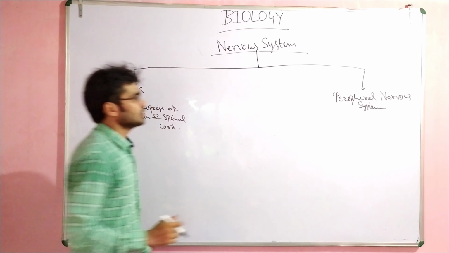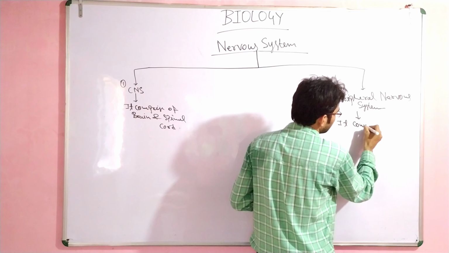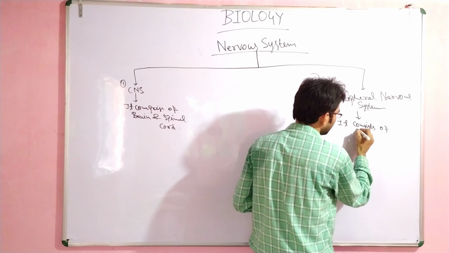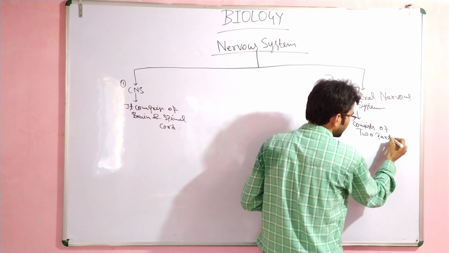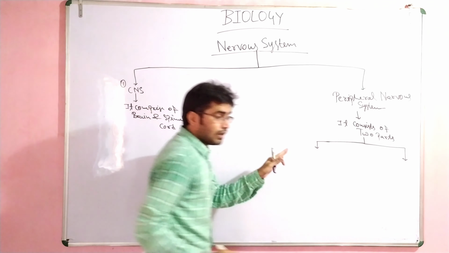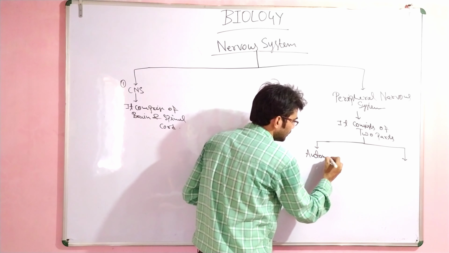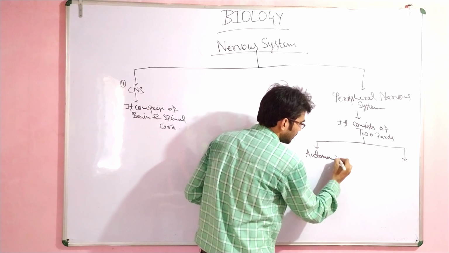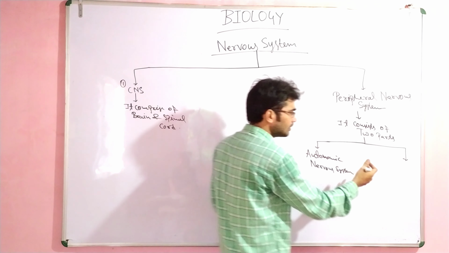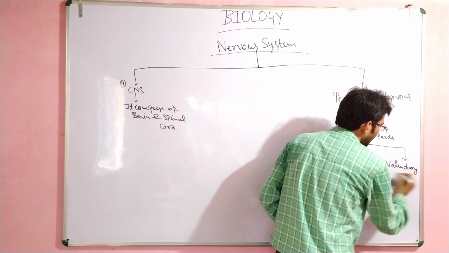And the peripheral nervous system consists of two parts: the autonomic nervous system and the voluntary nervous system.